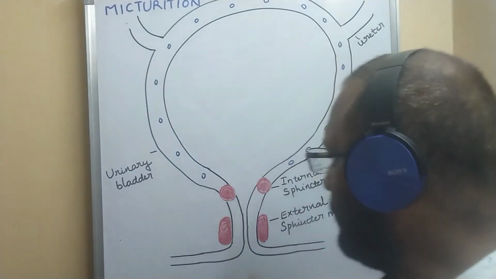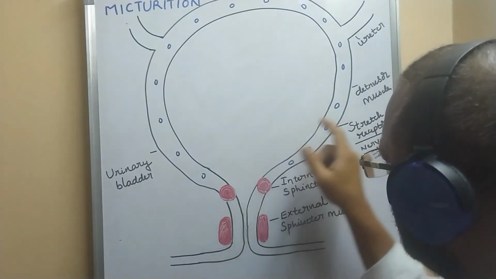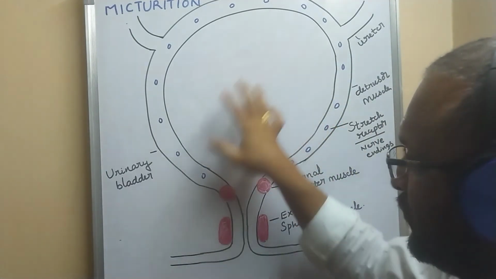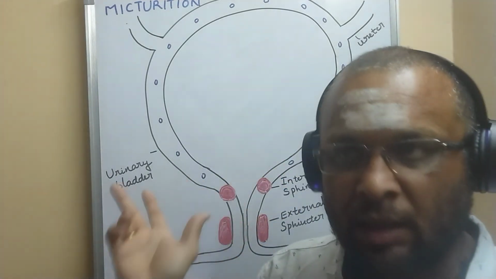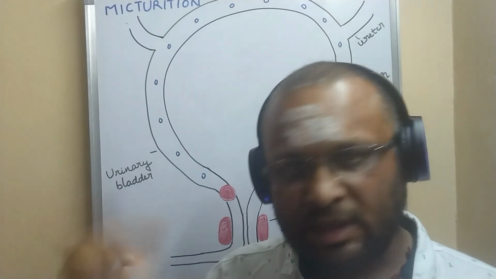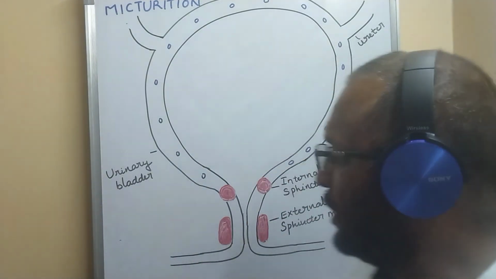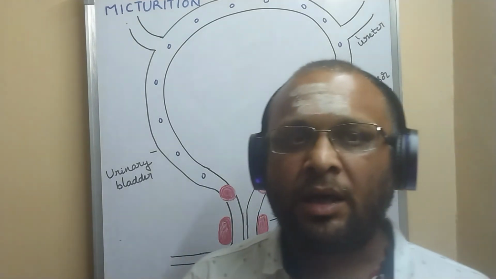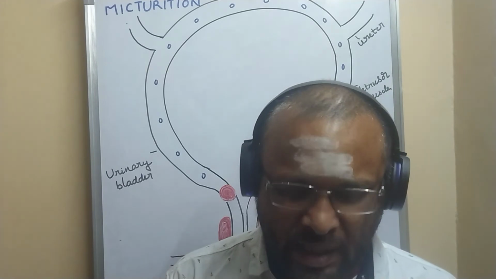So in infants, when the urinary bladder is filled with urine, it gives a signal to the spinal cord. The spinal cord in response gives a signal to the internal sphincter muscle to open. Automatically he urinates without his will. So this is the condition.